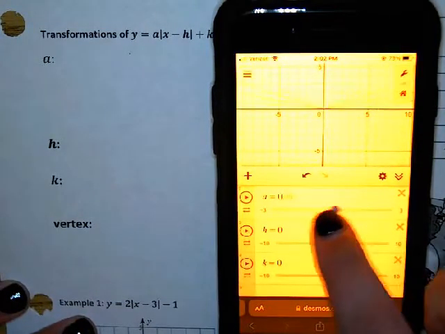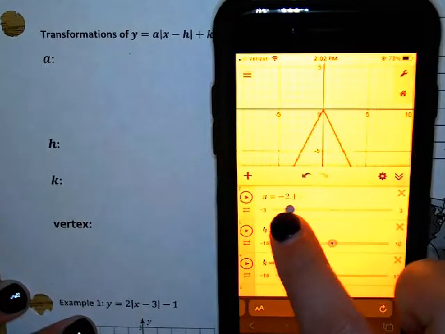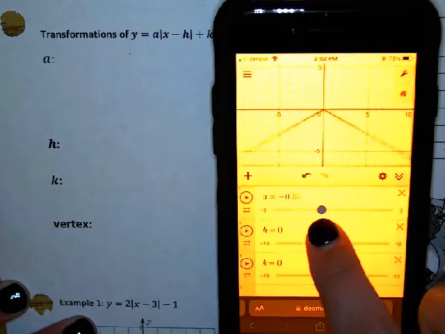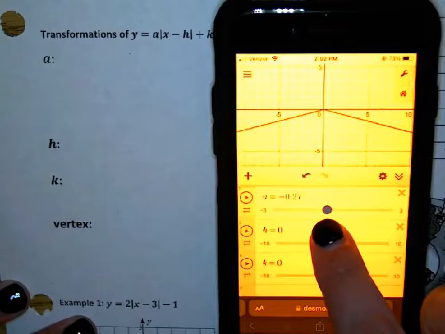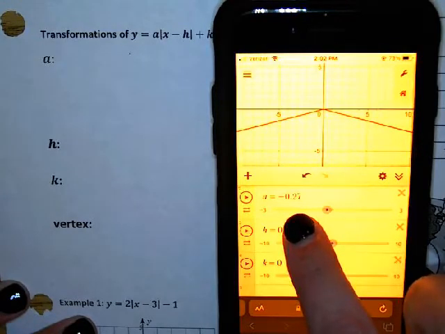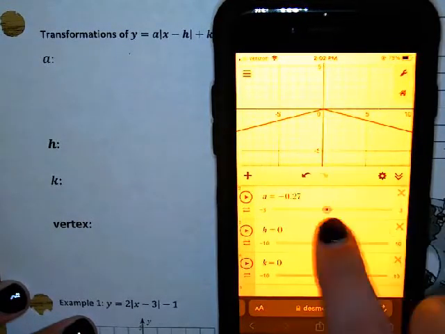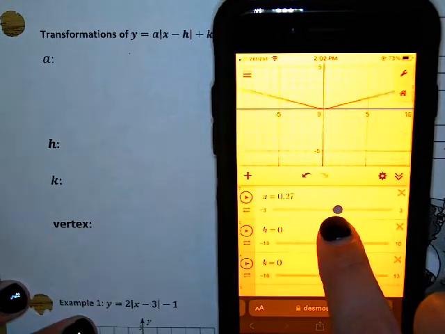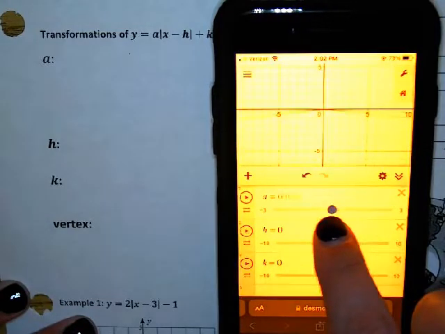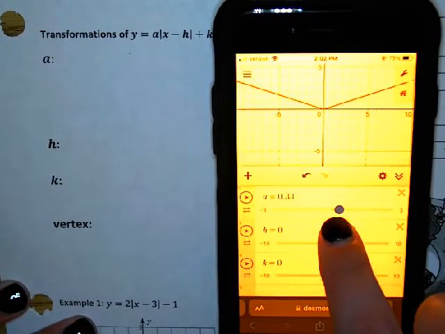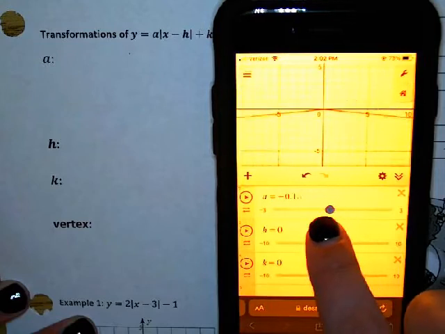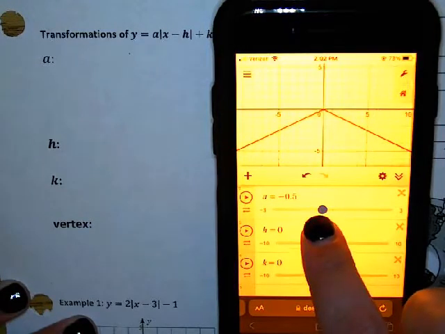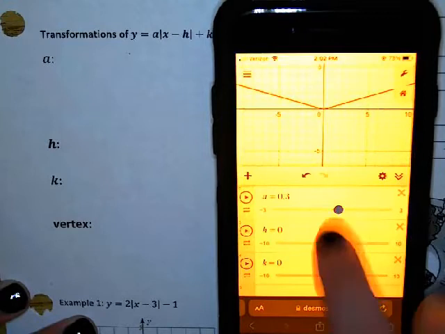So if we look, values that are negative will make the graph upside down. It doesn't matter if the values are decimals, and you can see that the decimal values make the graph wide. So these small decimal numbers, they make the graph really wide. So the size of the number being small makes for a short graph that's really wide. If it's negative, it's going to be upside down. If it's positive, it's going to be right side up.